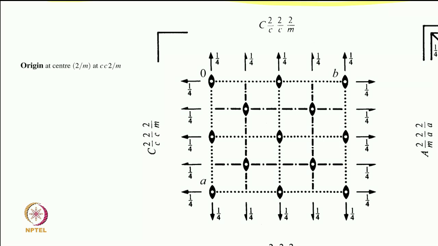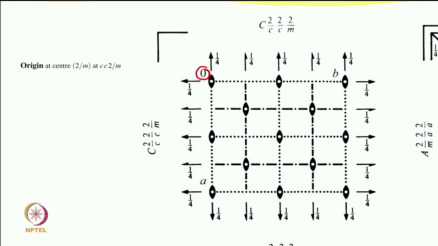You can see that by convention the origin is always taken, this O is the origin. Let me use a different color. So, O is the origin. The upper left corner is usually taken to be the origin in the diagram. So, there we have the origin.